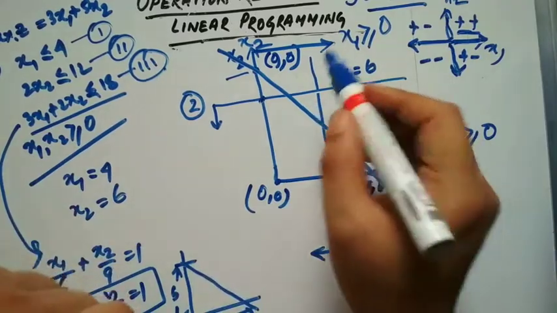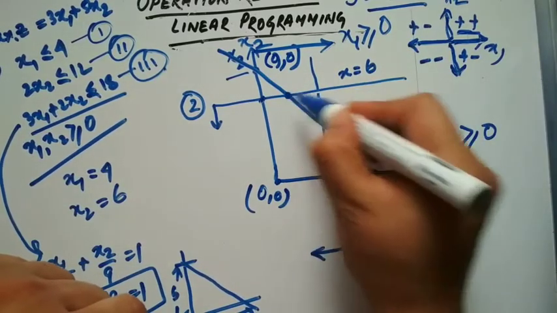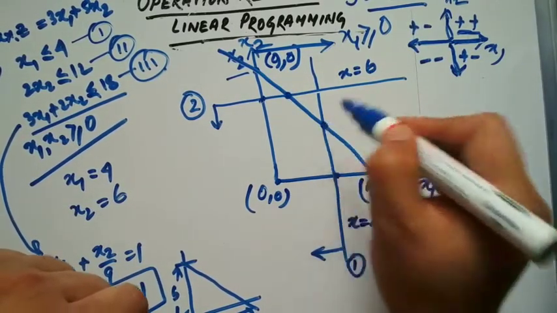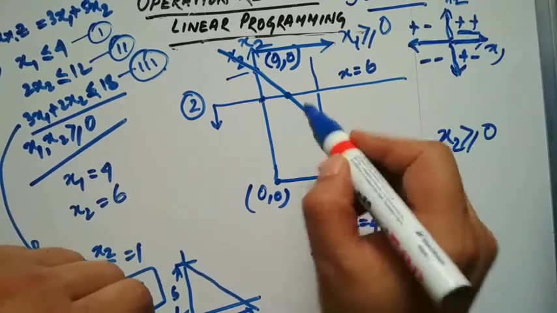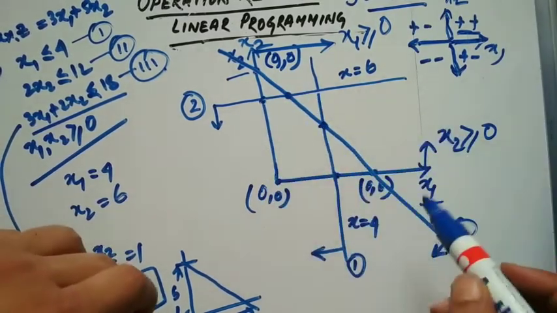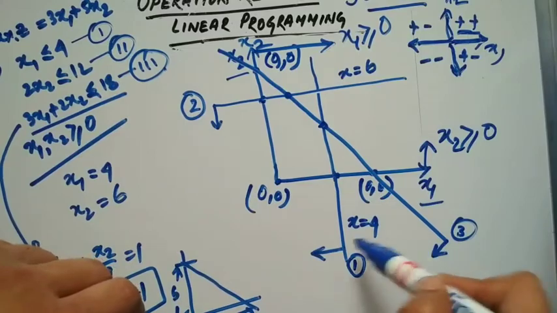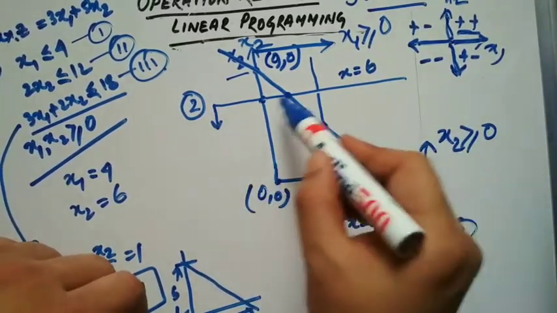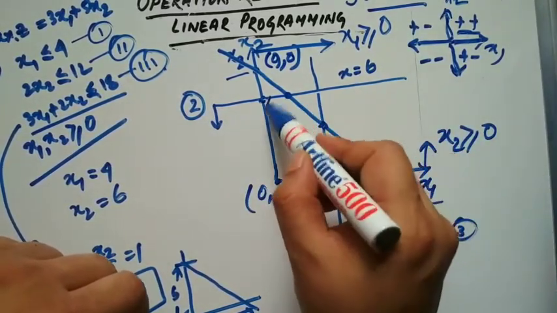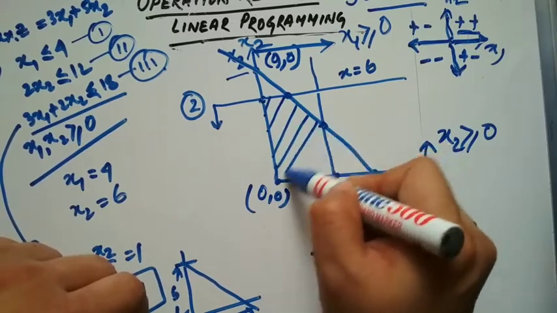Now let us see where the corner points are. These are known as the corner points in the graphical method of LPP. These are the corner points, as you can see from the directions. So this is the feasible region.